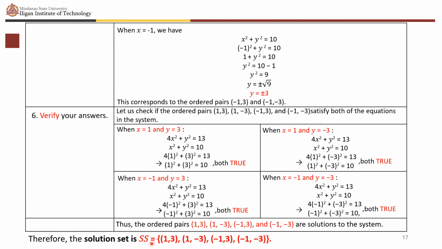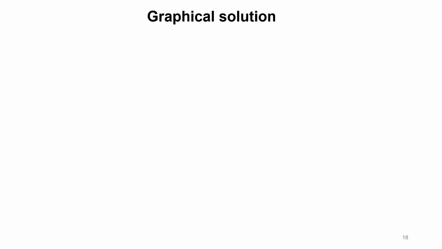So let us verify using the graphical method that indeed these are the solutions to the equations x squared plus y squared is equal to 10, and the other equation given earlier. So here's the graphical solution.